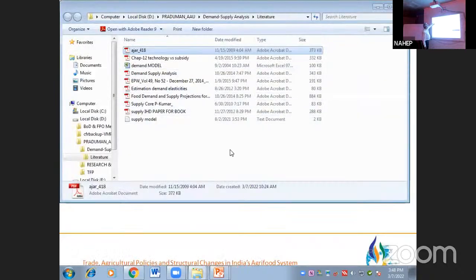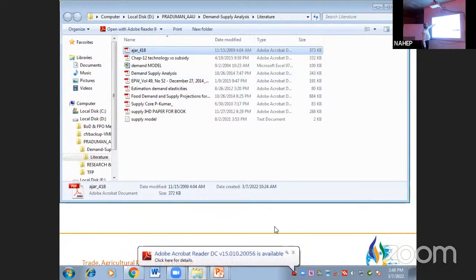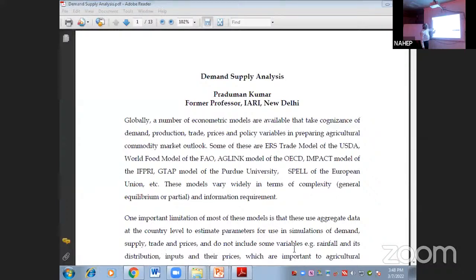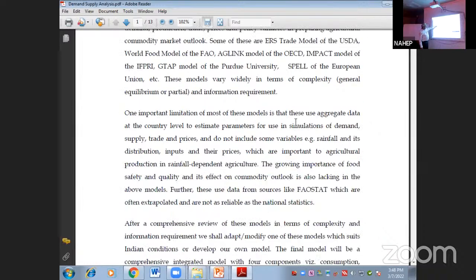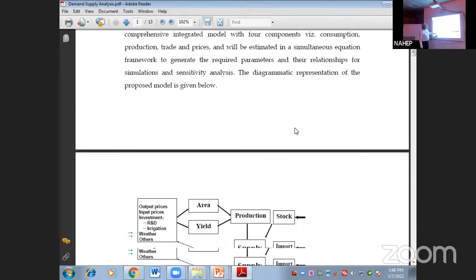Now we have the demand model done, demand supply, and if you go here, demand supply analysis, this gives some handwritten notes, okay, for all the methods in demand and supply. Right. You also read, this will give the quick idea.